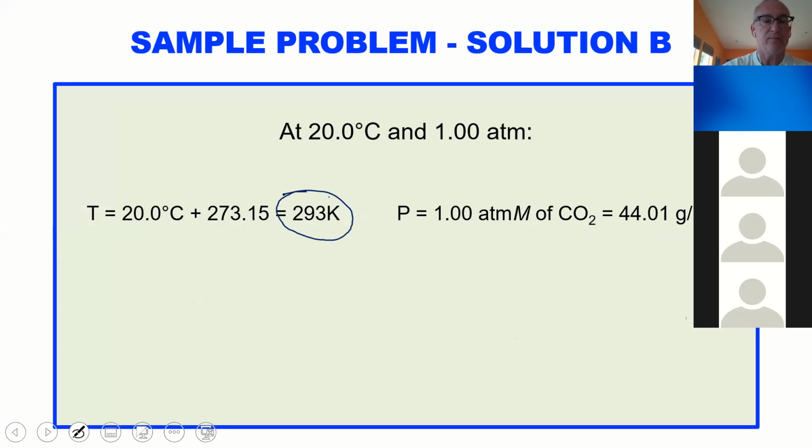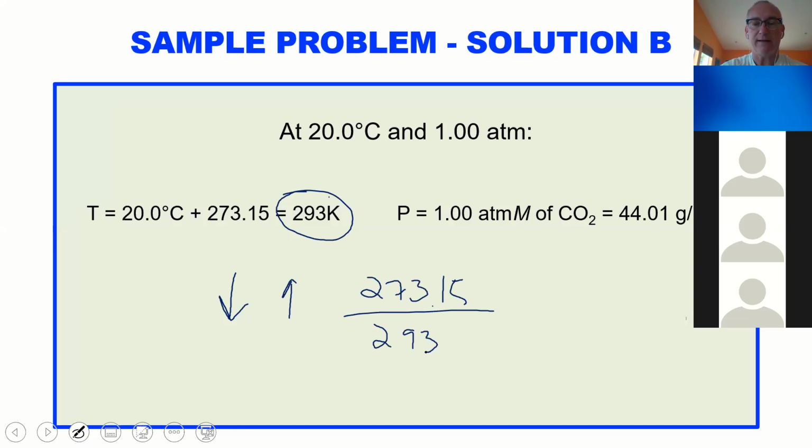Since density goes down as the temperature goes up, because it's inversely related, all we need to do is plug in the new temperature and the old temperature. Our old temperature was 273, and our new temperature is 293.